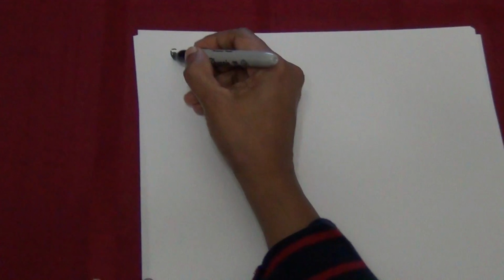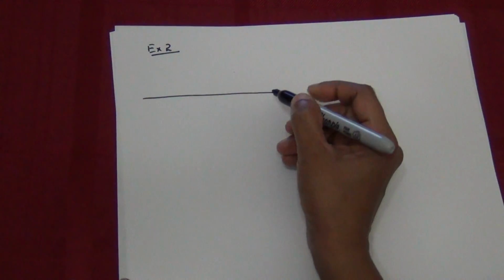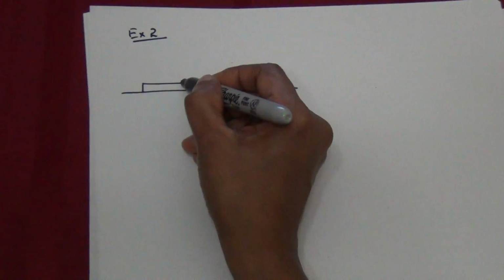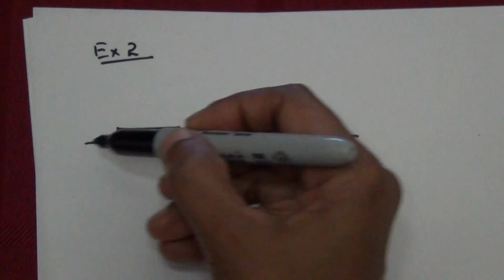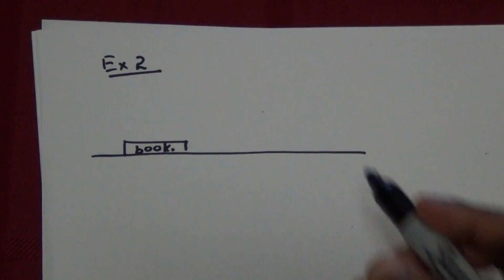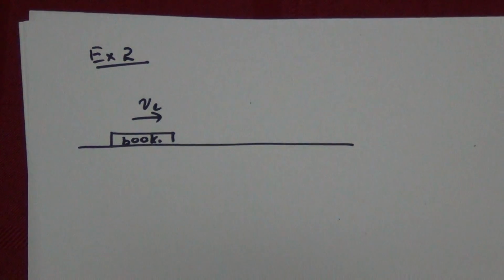Now I'm going to show another example. Example 2: let's take a table, right? And you have a book, and the table is rough. You push it with an initial velocity Vi.